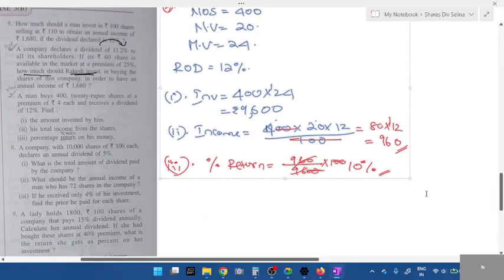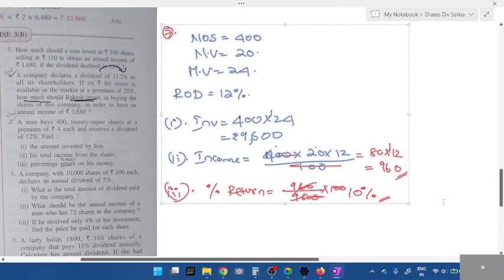Just quickly go through it, students. Complete it. Try the eighth one. I think the first and second of the eighth one you all can do.